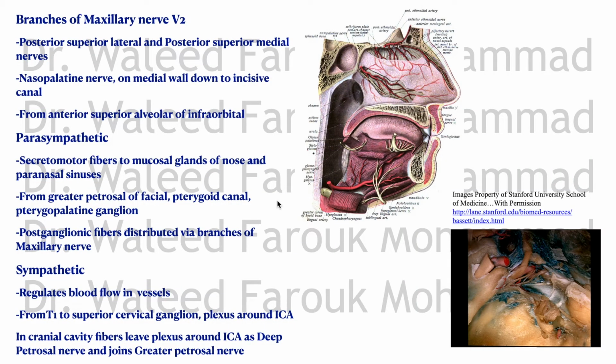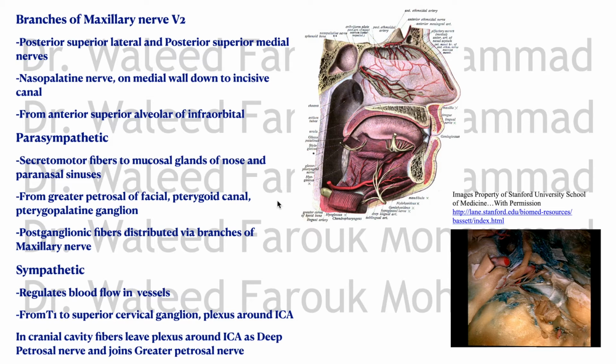The nerve supply comes through branches of the maxillary nerve as well. The maxillary gives off superior lateral, posterior superior lateral and posterior superior medial branches. As the name indicates, they supply the lateral and medial walls as well.